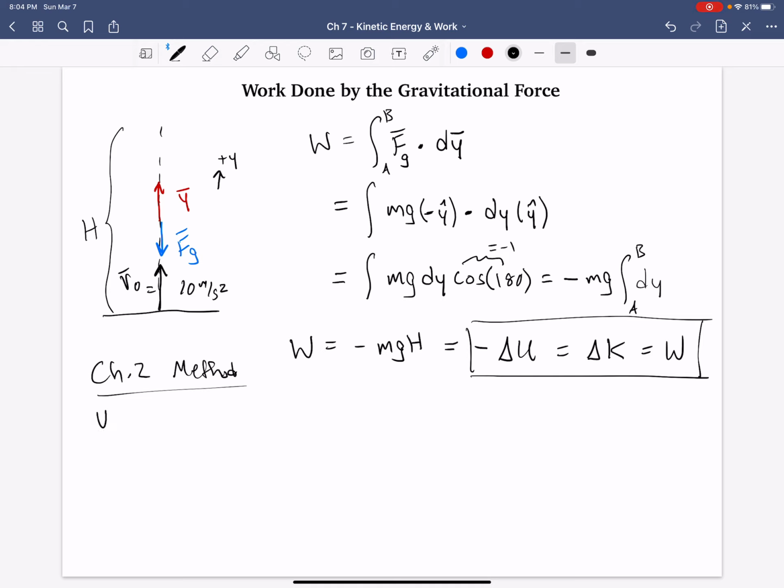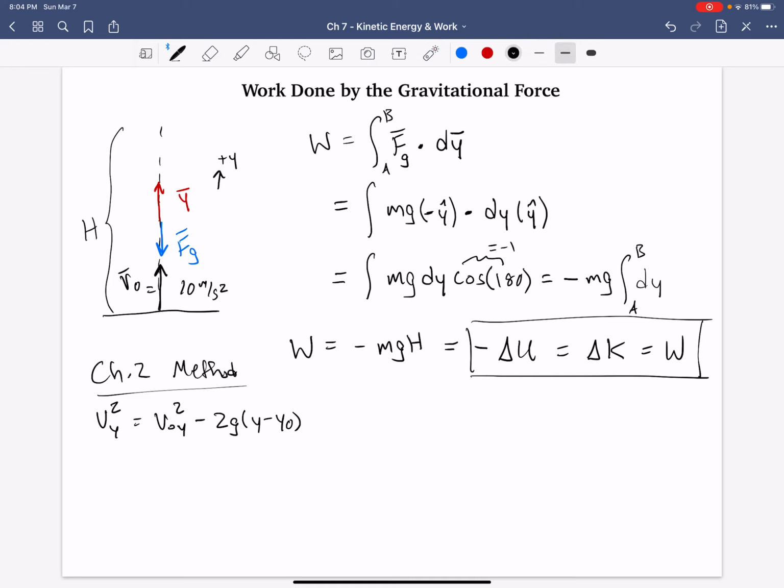So the equation to use is the final vertical speed squared equals the initial vertical speed squared, minus 2g times delta y, y minus y naught. And so we're solving for the final height y.